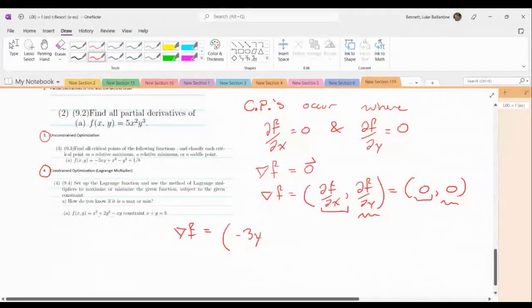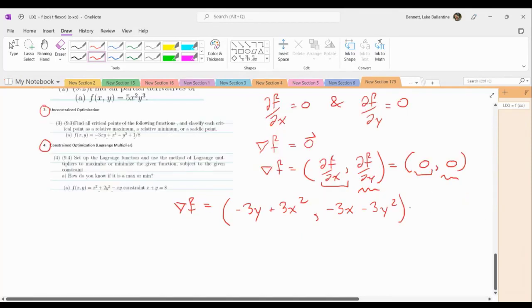negative 3y plus 3x squared. Partial f partial y, 3x minus 3y squared. And then we equate this to 0, and we solve for which x and y make this happen.